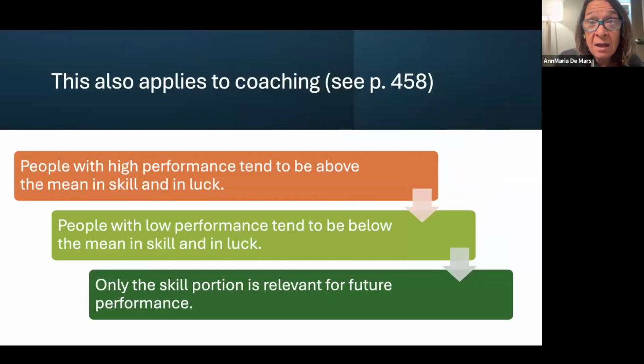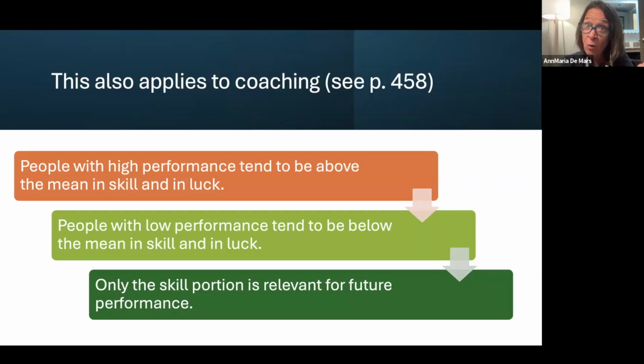This also applies to coaching: people with high performance tend to be above the mean in skill and in luck. And if you look at page 458 in your textbook, there's an argument where somebody is saying that praise doesn't work and punishment, yelling at people, is more effective, because when pilots did extremely well and he told them how great they were, they tended to do less well the next time around.